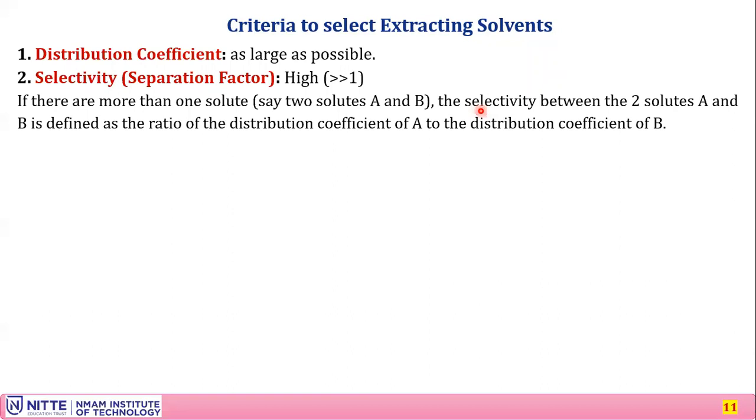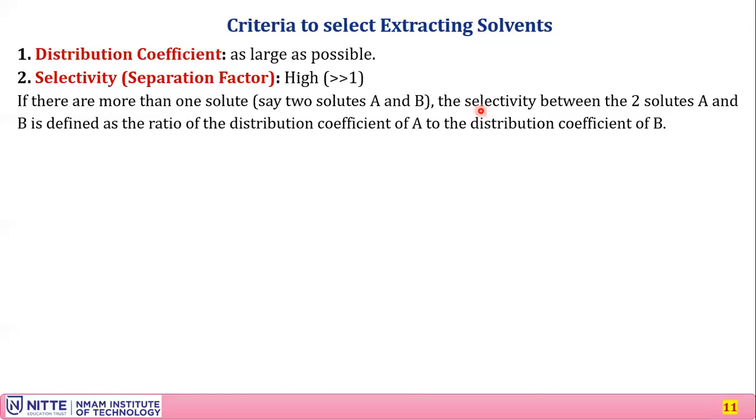Selectivity means you have two solutes A and B. Of that, A is your required product. Now what happens is, when you have a solvent, it extracts A as well as B. Both are extracted, but your requirement is only A. In that case, selectively your solvent should extract A and reduce the extraction of B. That ratio between these two concentrations in the extract phase is selectivity.